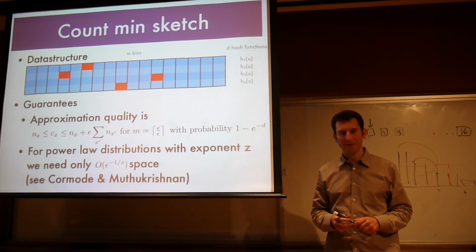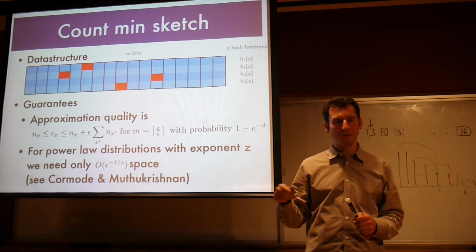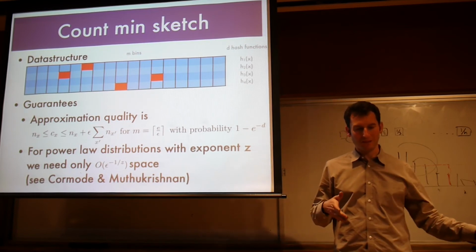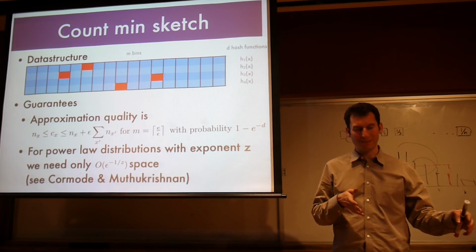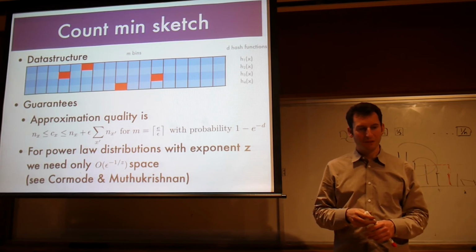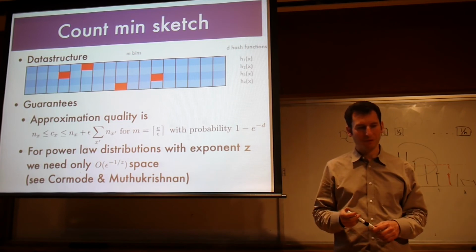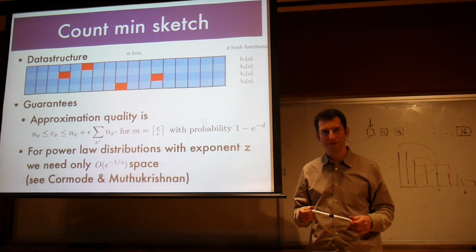And we saw something similar before in the AMS sketch where we had 1 over epsilon squared as a scaling factor for the number of bits that were needed. Whereas this one here has a 1 over epsilon. It's one of those rare cases where it works.